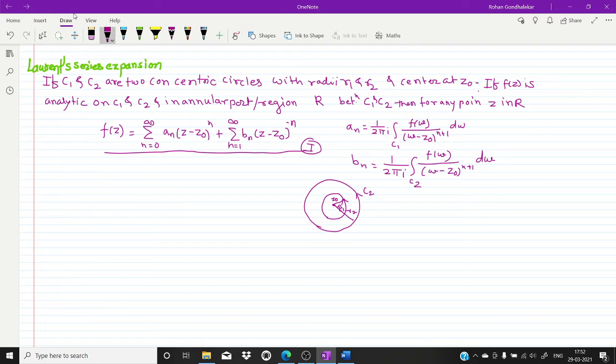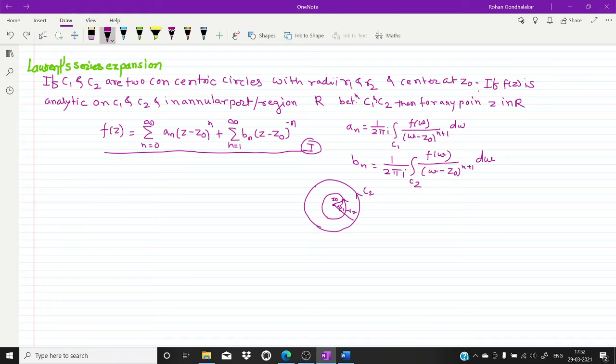Now if your function is analytic in C1 and C2 and also in the annulus region, a region enclosed by these two circles, means this region, then we can expand this function as a Laurent series expansion, in the powers of z minus z naught.